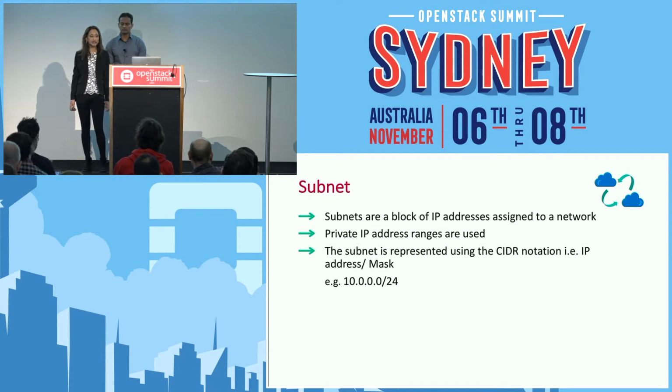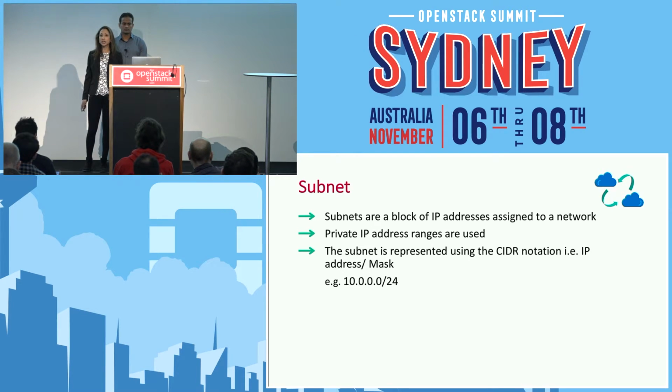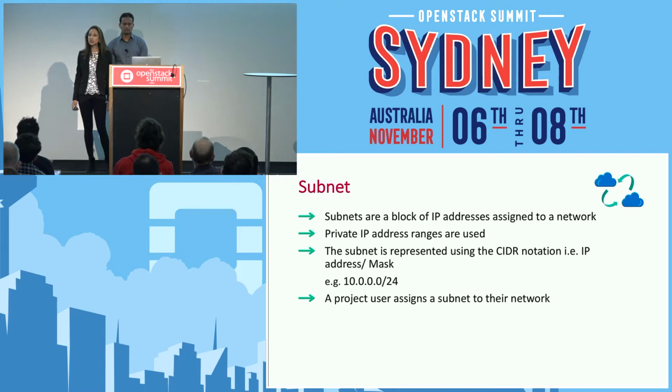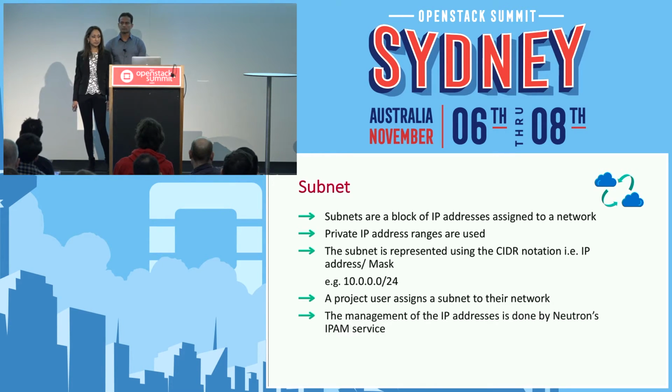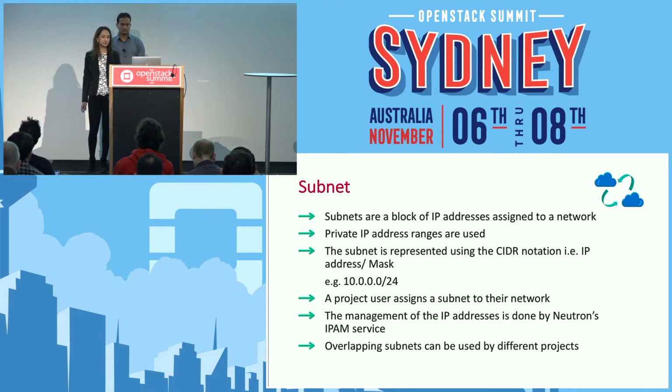The first 3 octets represent the network, and the last octet represents the host, and you have the mask following it. A project user assigns a subnet to their network, and the management of these IP addresses is done by the Neutron server. IPAM service is IP address management. Overlapping subnets can be used by different projects.